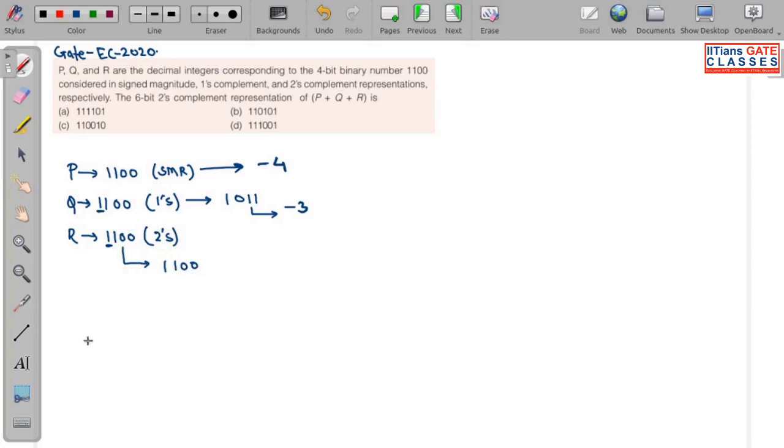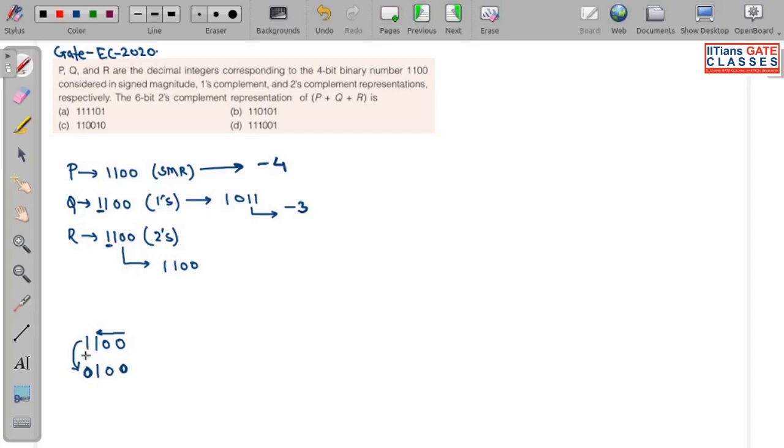Because we know the shortcut for calculating 2's complement. We start from the LSB and search for the first position of 1. Till that term we just copy, and after that we take the complement.